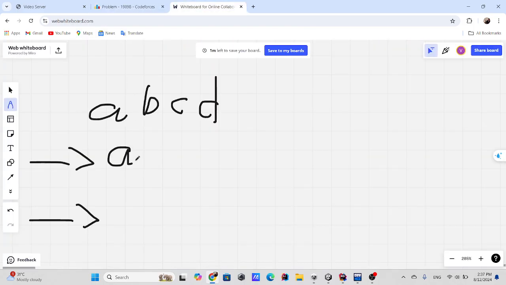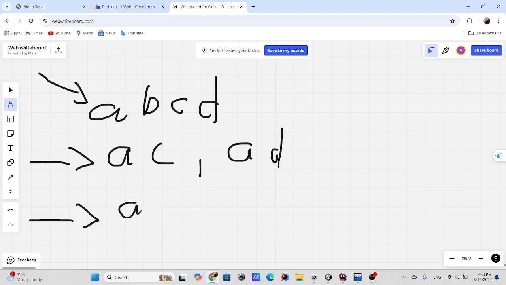For example, AC is a subsequence, AD is a subsequence, because you can see that from this whole string you can remove B and C and get AD. But a substring is a smaller string inside this big string, and you can't really erase any characters.